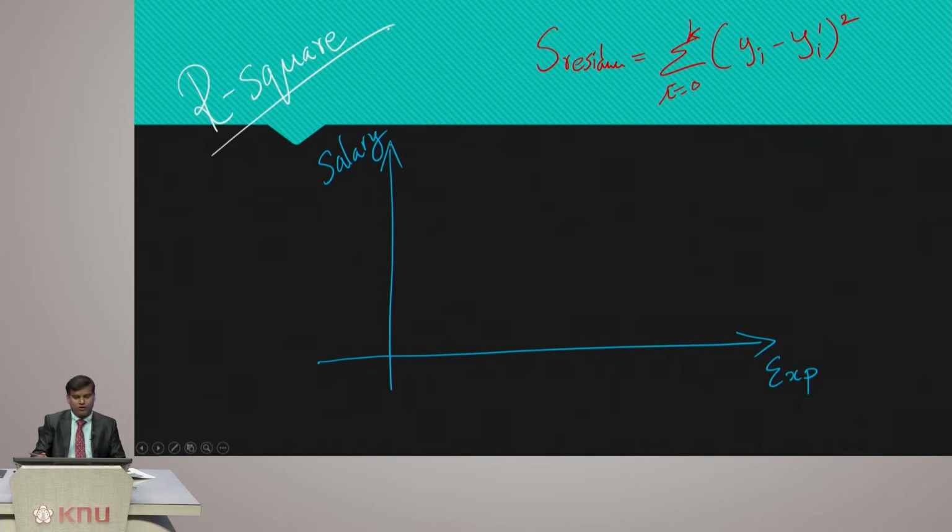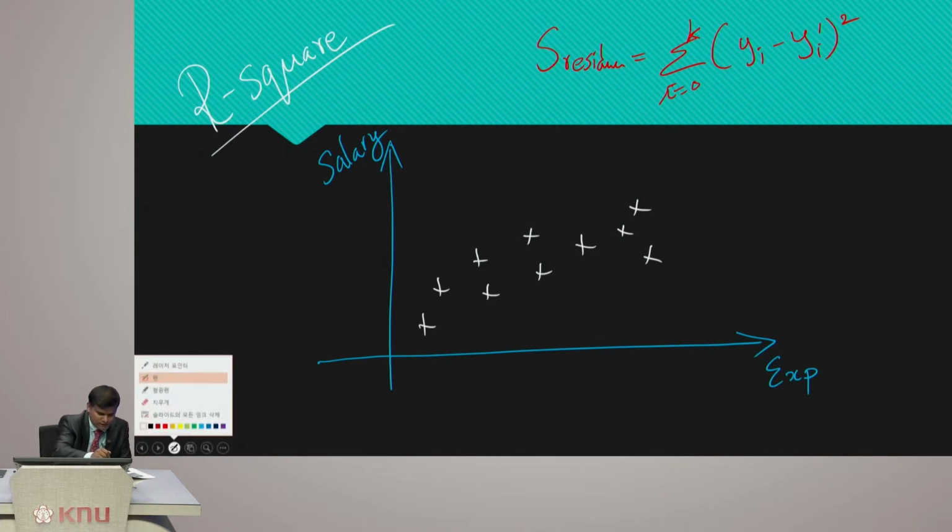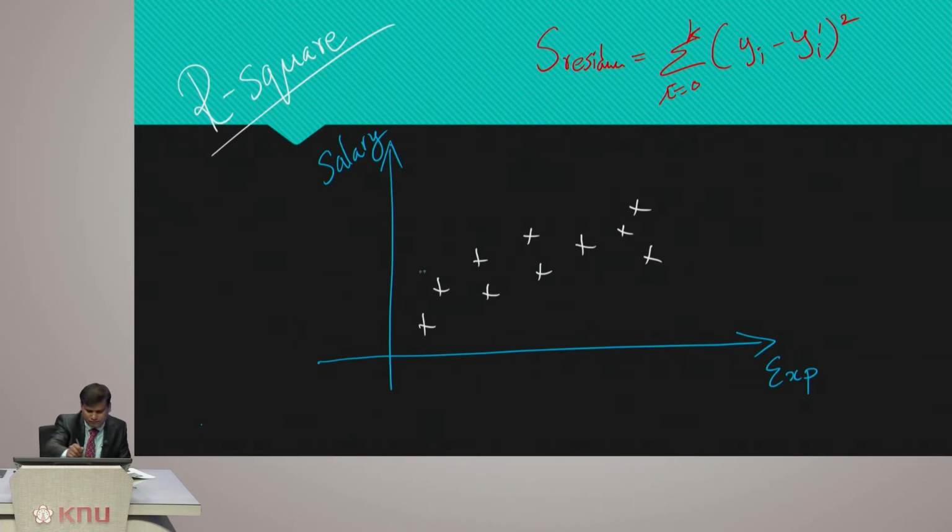So what is this R square all about? We had the original problem earlier; let's consider a similar problem and see how this goes. Say you have this data here, and with this data we are going to draw a horizontal line, which we call y average.